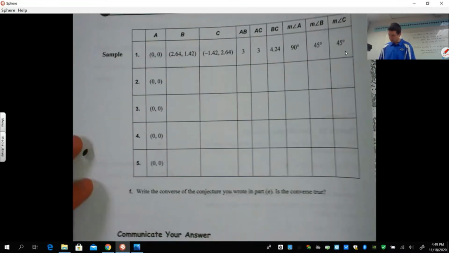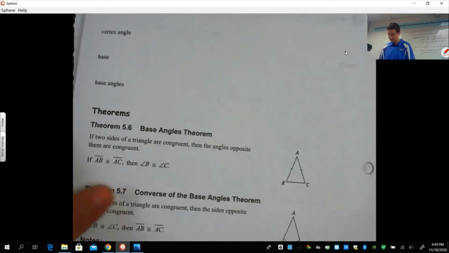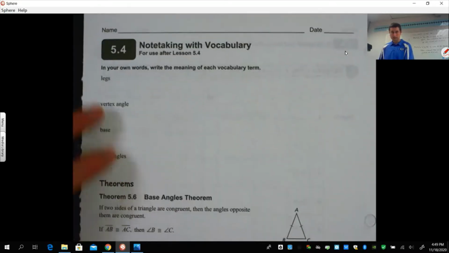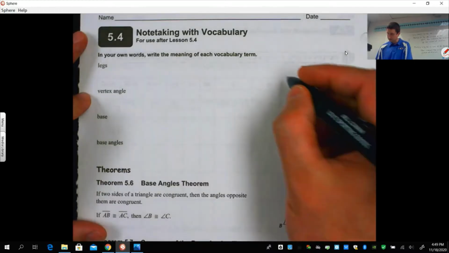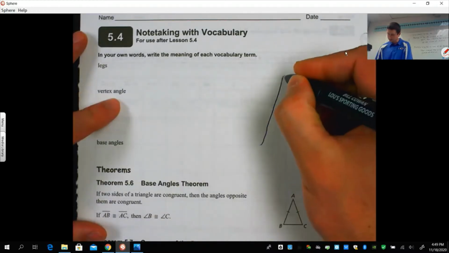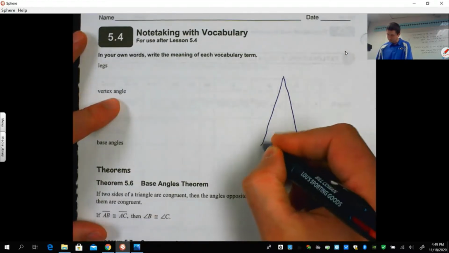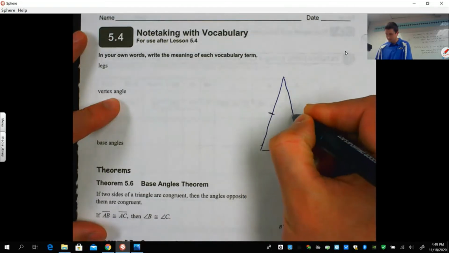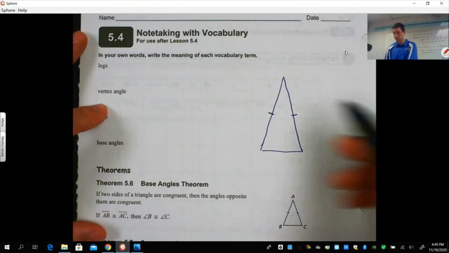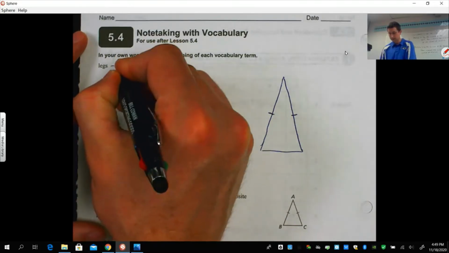Okay, so we're just going to jump in here. Some vocabulary here. We have legs, vertex angle, base, and base angles. All of these deal with an isosceles triangle. So I'm going to draw a big one over here. I'm going to say that one equals that one. And those two things are referred to as the legs.